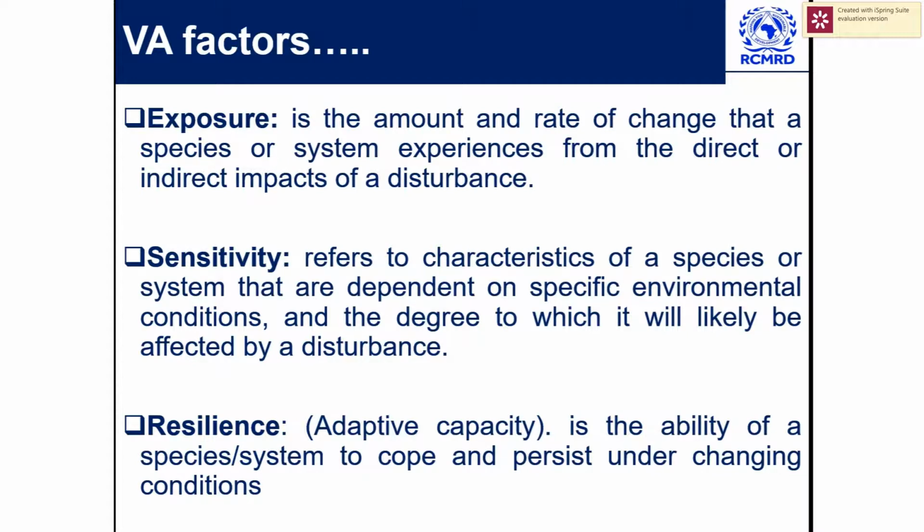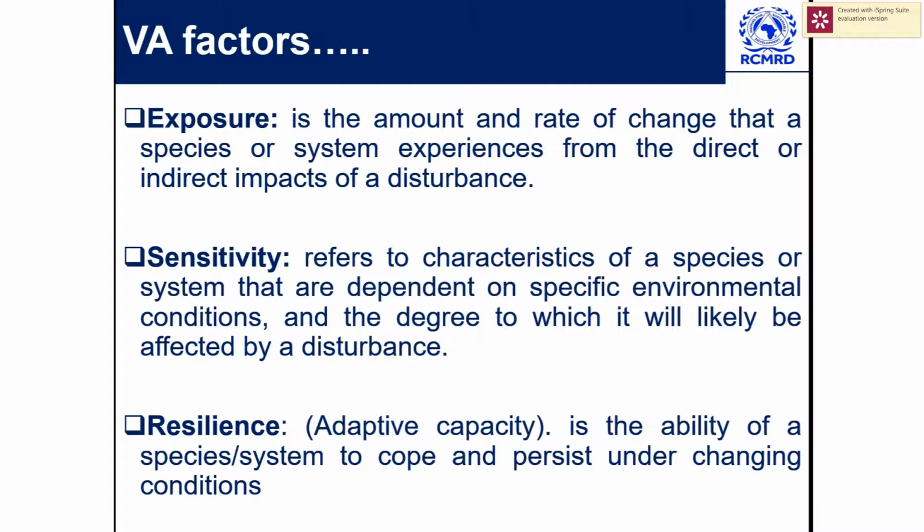Now, to explain further these vulnerability analysis factors: exposure is basically the amounts and the rates of change that the ecosystem or the wetland system experiences from direct or indirect impact of disturbance.